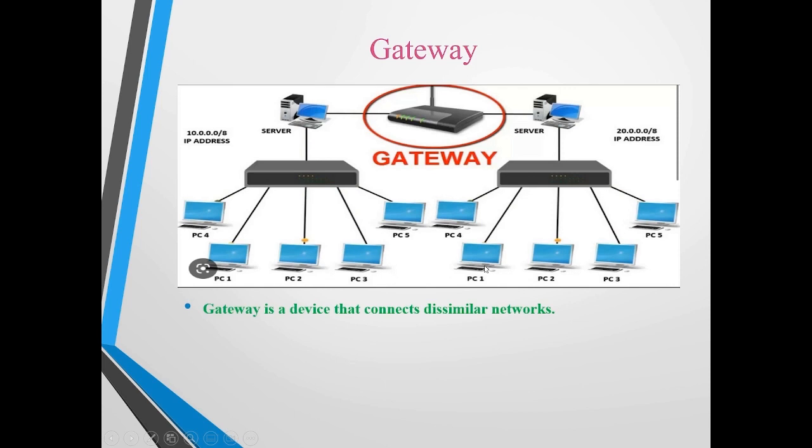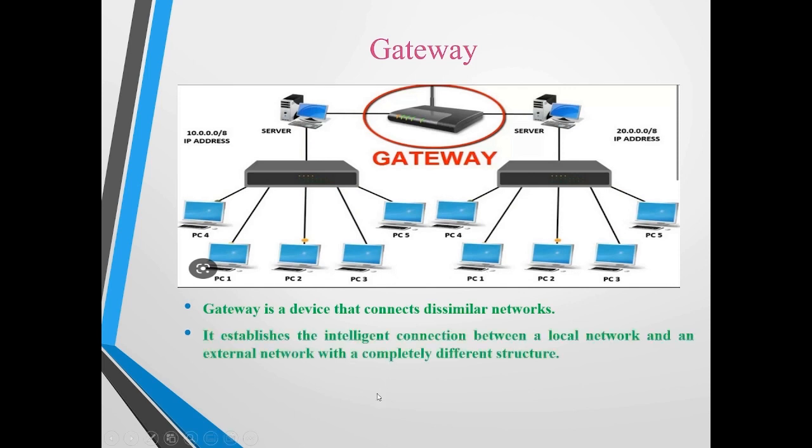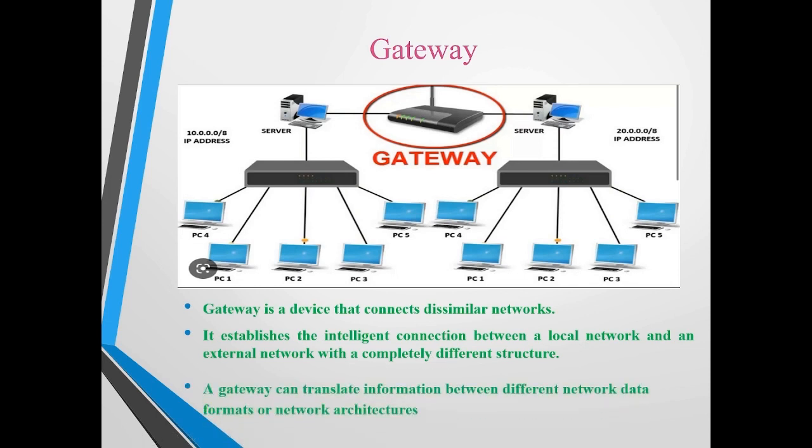A gateway is a device that connects dissimilar networks and it establishes an intelligent connection between a local network and an external network with a completely different structure. And a gateway can translate the information between different network data formats or network architectures.